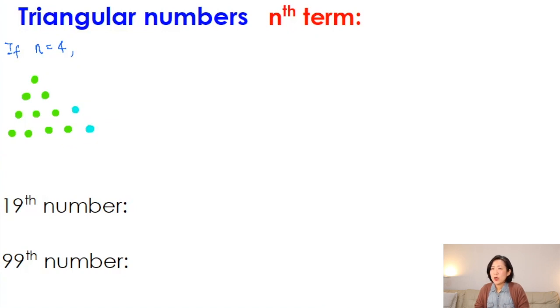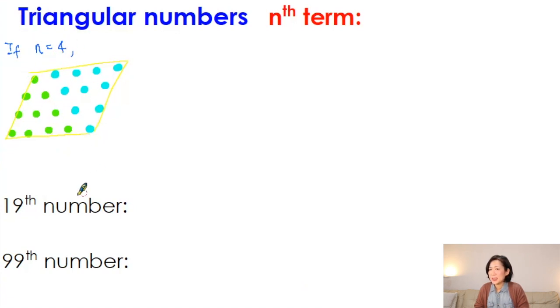So the top row is 1, 2, 3, 4, because we are looking for the nth term. Then what did you notice? What shape is this? This shape is a parallelogram, right? Just think about when you find the area of a parallelogram, you need to think about how many 1 centimeter unit squares you have.